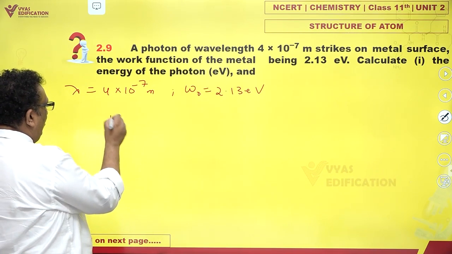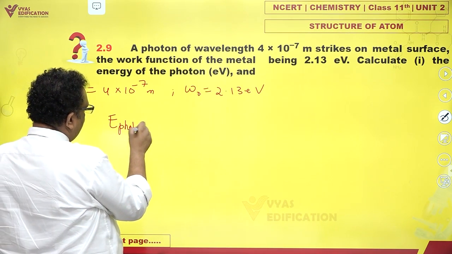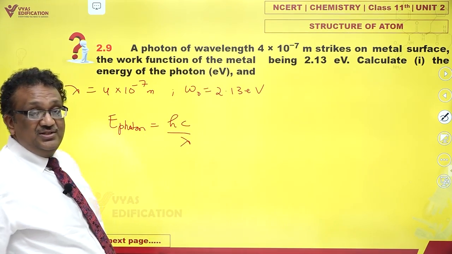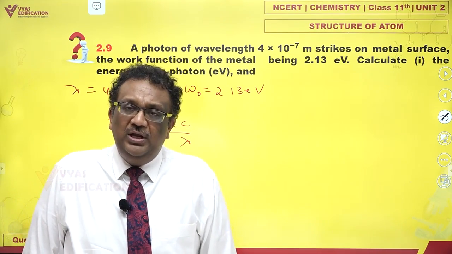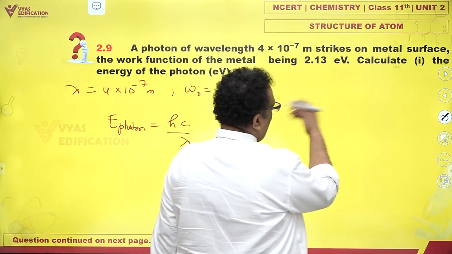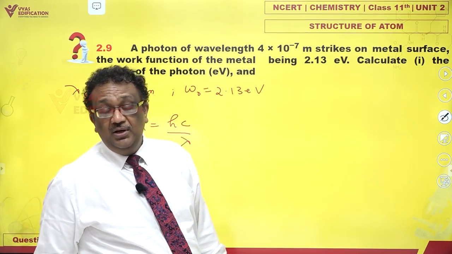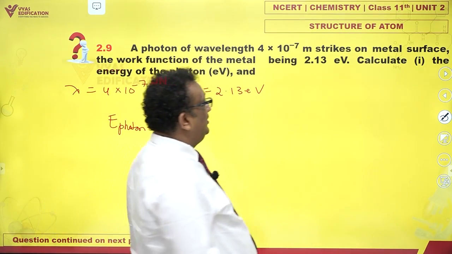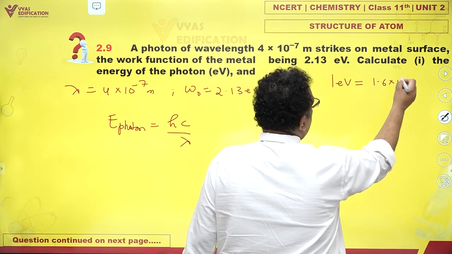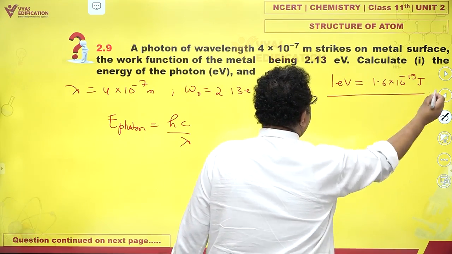First of all, we have to calculate simply the energy of the photon in electron volts. Now, energy of photon is hc by lambda. Now, do you realize that if I substitute standard SI units, I would get some number, of course. But also, do you realize that 1 electron volt is 1.6 into 10 to the minus 19 joules.